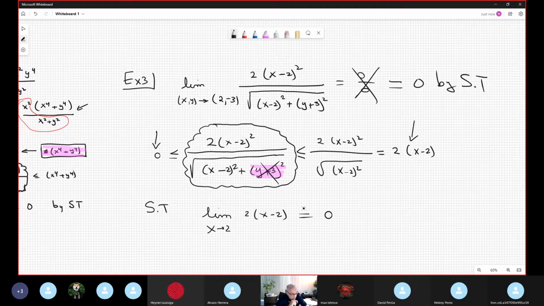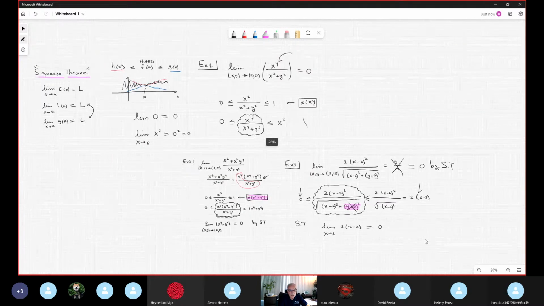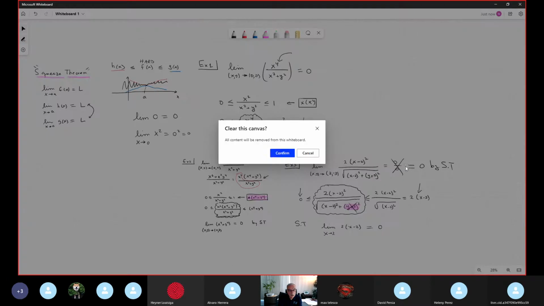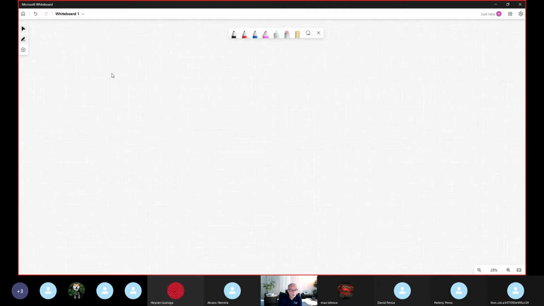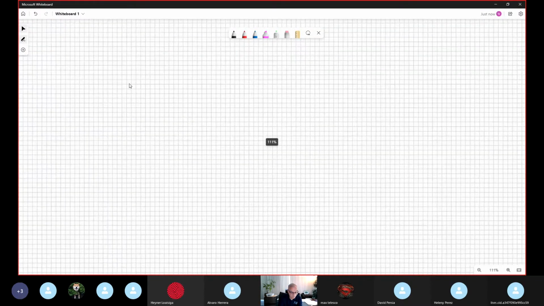And this is not the only strategy, polar and squeezy. We have another powerful strategy: rationalization. So when you see a limit like this, it's classical, like in calculus 1. Suppose this example.